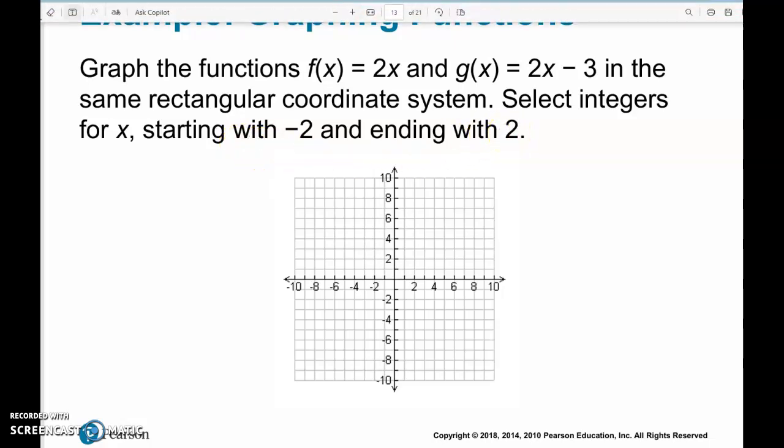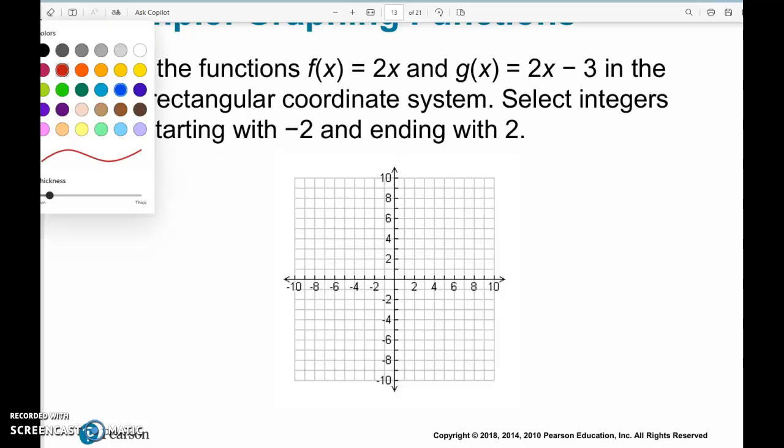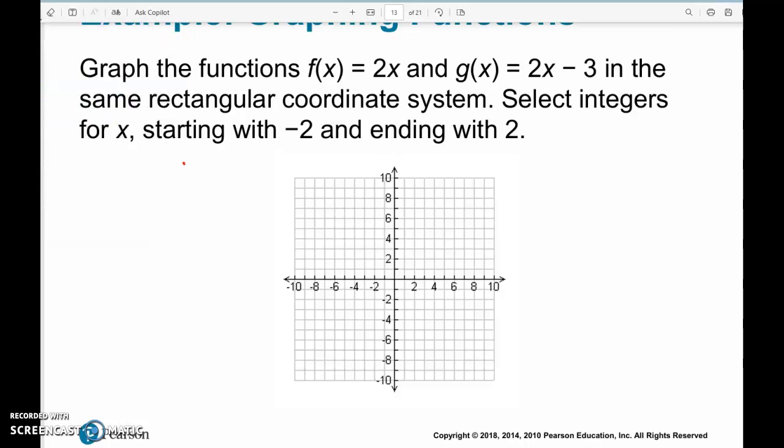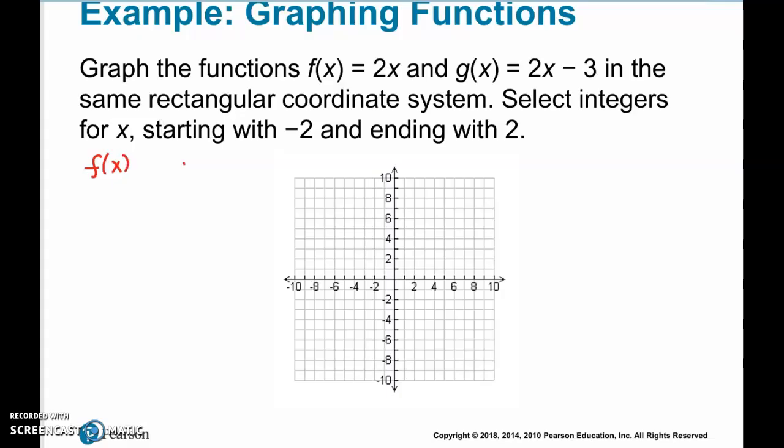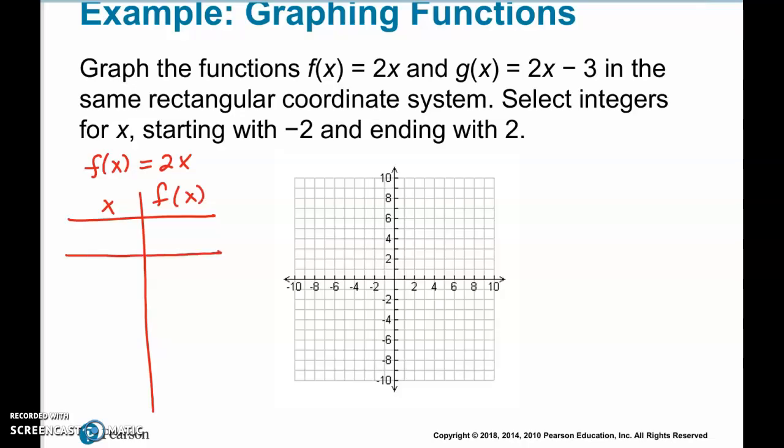So what we're going to do is write f of x equals 2x, and I'm going to create a table. This is my input-output table, or my XY table. Now, the problem says start with -2 and end with +2.